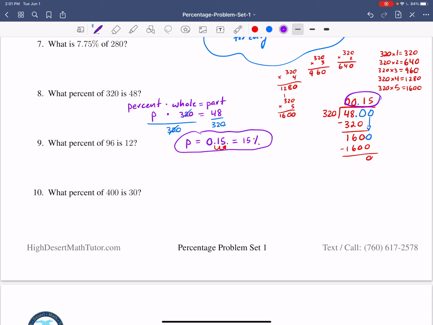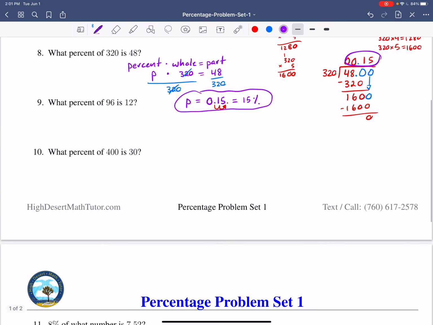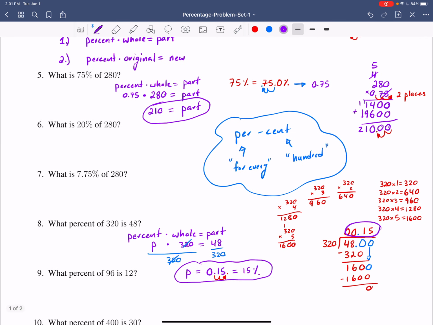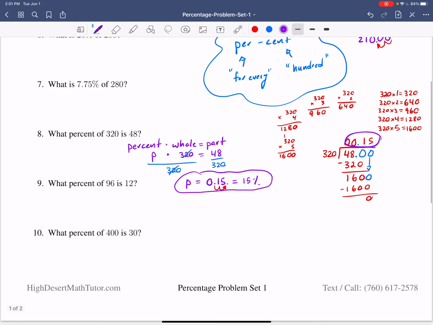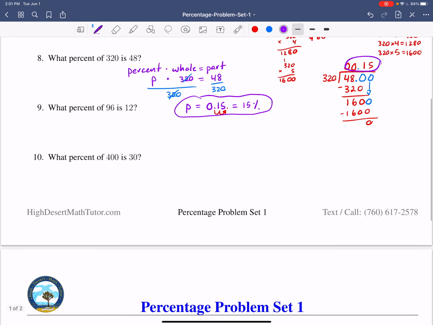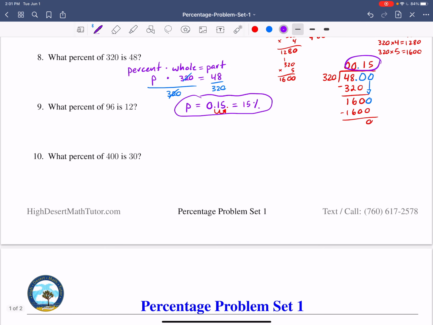So now, quickly, the very last situation you'll typically see for percent problems. Just review. The first is, what is 75% of some number? The second question, what percent do you have if you have 48 out of 320?